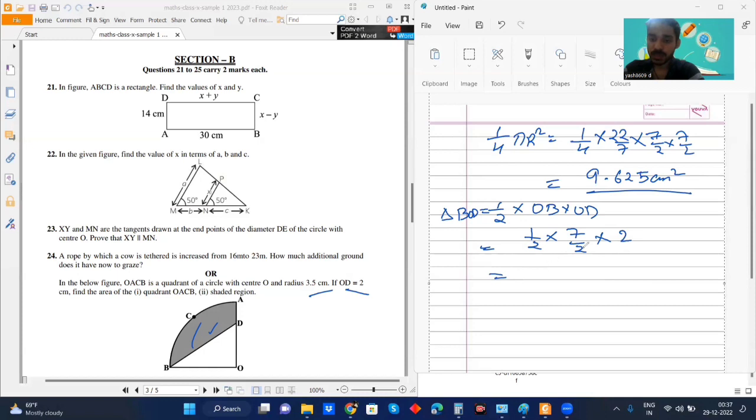So my answer comes out to be 7 by 2 again, which is 3.5 centimeters square. If I subtract 3.5 from 9.625, I get the area of the shaded region, which is nothing but 6.125 centimeters square. Okay.